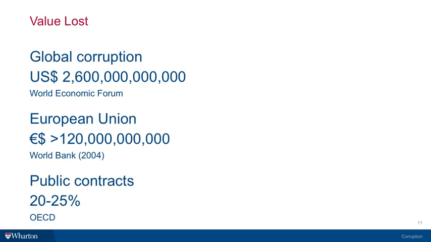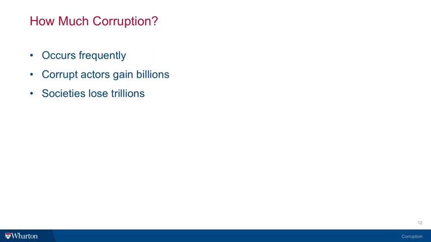All right, so how much corruption is there in the world? Well, we know that corruption occurs frequently. In some places more frequently than others. No places where it does not occur at all, but generally around the world, corruption now occurs quite frequently.